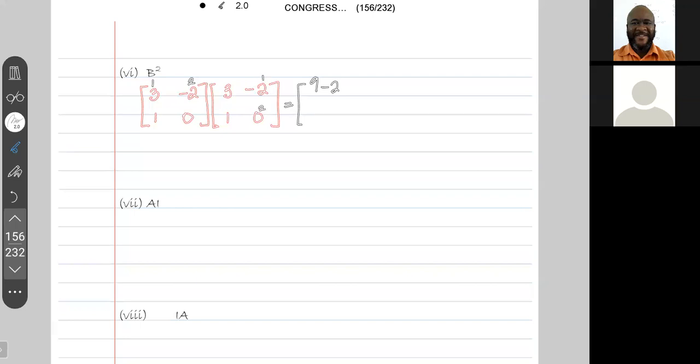So top row, right column, 3 times -2 is -6. First by first, -2 times 0 is 0.